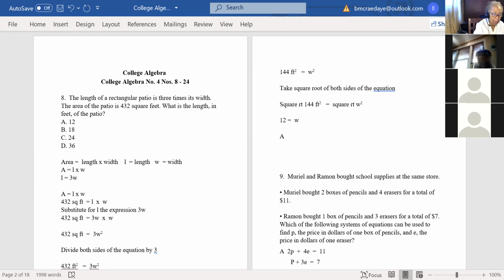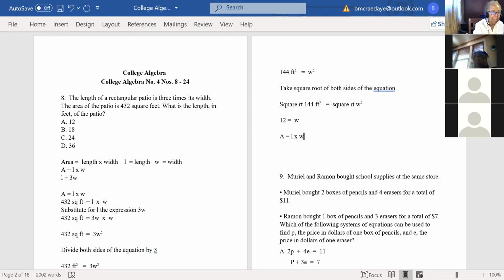Okay. Area equals length times width. Okay, so we said the width is 12, right? The area is 432.